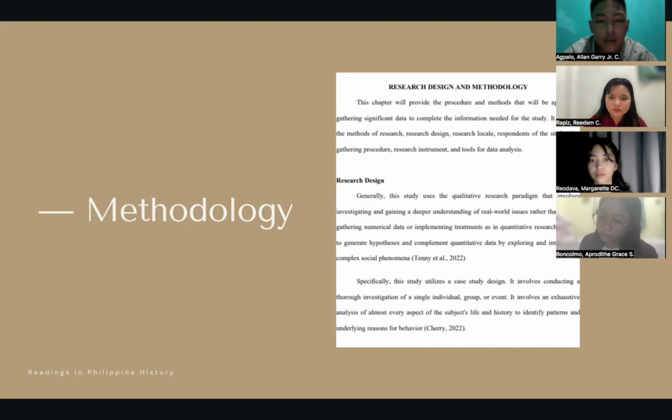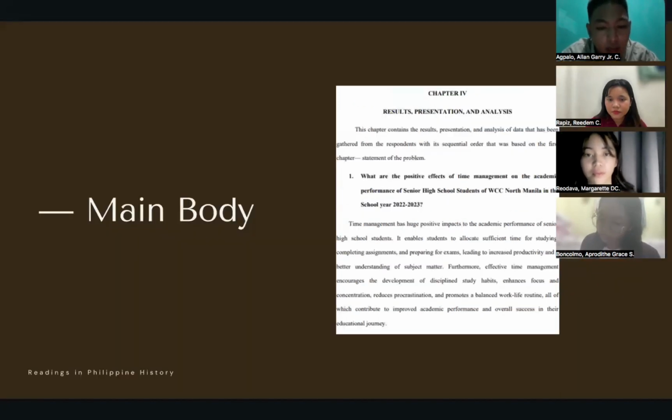And pwede tayong maghanap pa ng mga ibang research na kukuhain natin yung idea nila and ipagsasama-sama natin. Ayun yung sa methodology. Again, meron siyang tatlong example, which is yung qualitative, quantitative, and yung mixed method na pinagsama yung qualitative and quantitative.